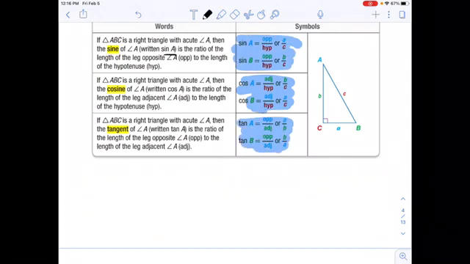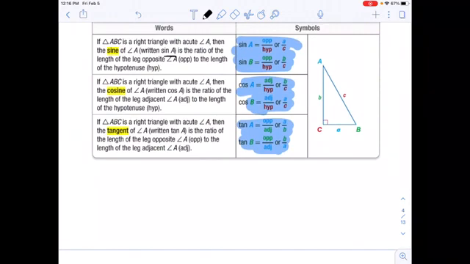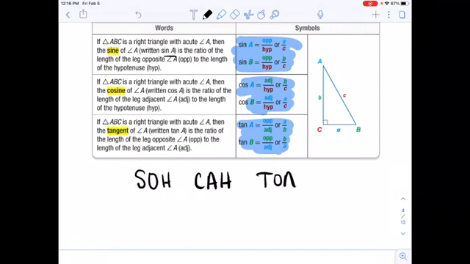Now, you might be asking, how am I supposed to remember these? Well, we have a nifty little saying, SOHCAHTOA.